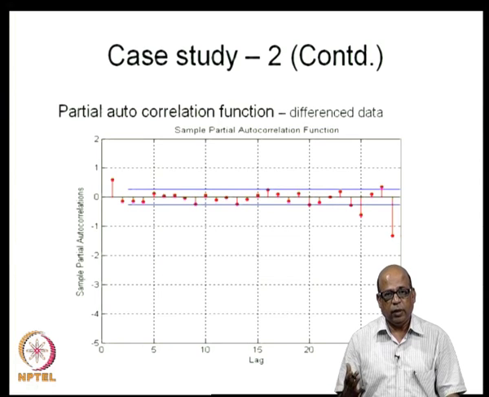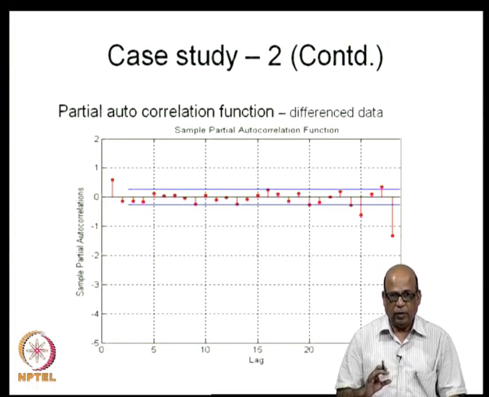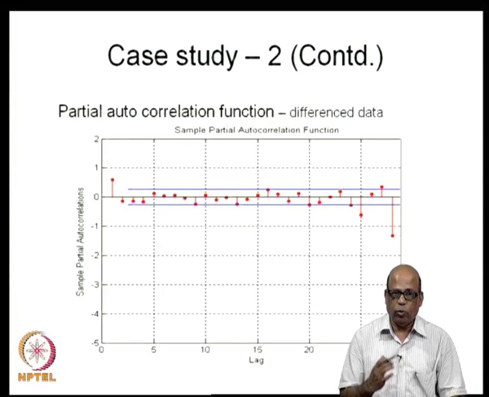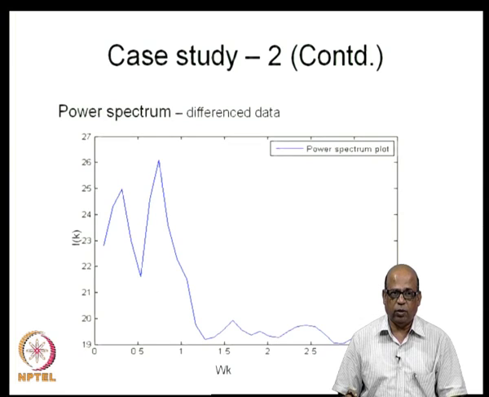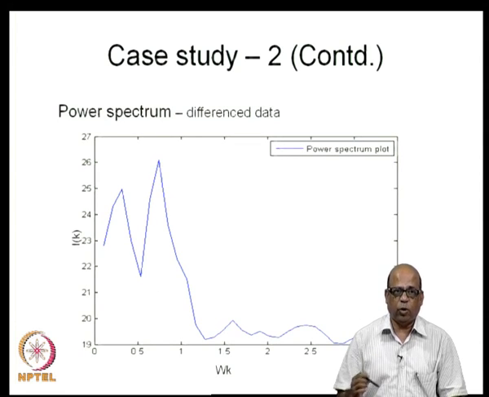So, by differencing, essentially you change the nature of the information content in the data. One, you remove the trend. Because you removed the trend, the correlogram behaved in a different fashion, the partial autocorrelation function behaved in a different fashion. And now, look at the power spectrum.